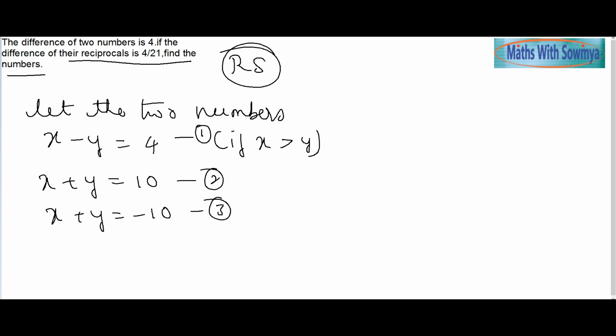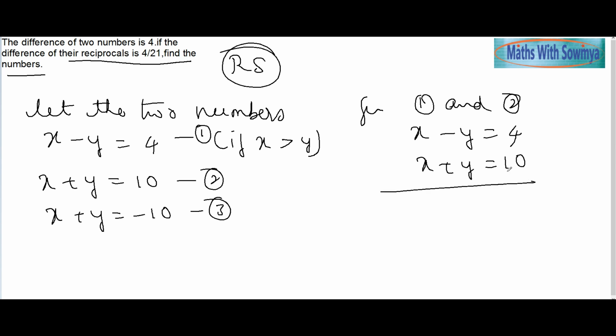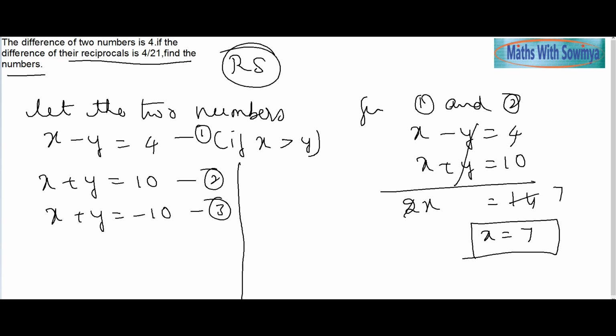Now, let us go and find. First you can take from 1 and 2. What are we going to get? x minus y is 4 and x plus y is equal to 10. y gets cancelled. 2x is 14. So, x we are going to get 7 here. Now, we can easily find the value of y. We can take any of the equations. So, I am taking it from 1. x minus y is equal to 4.